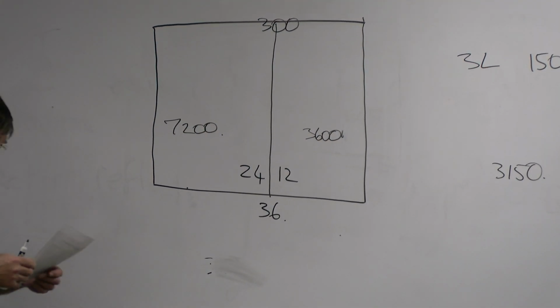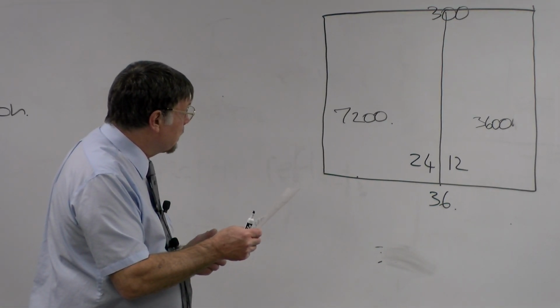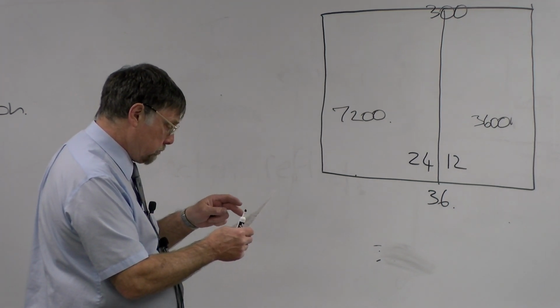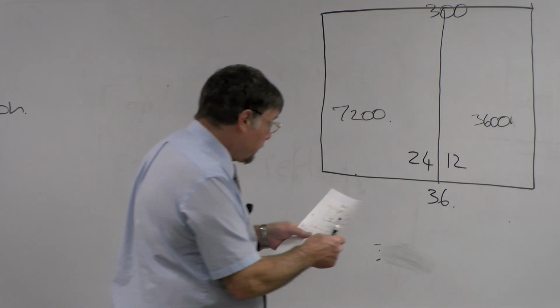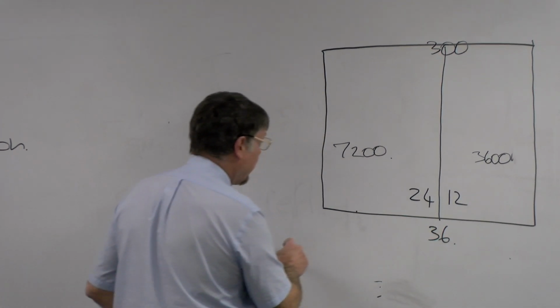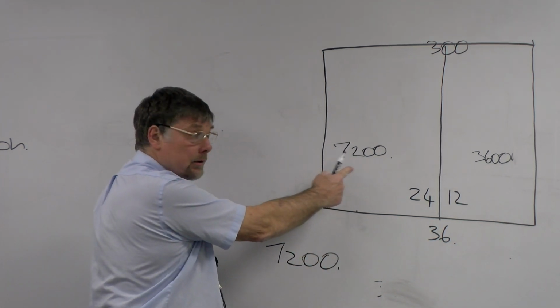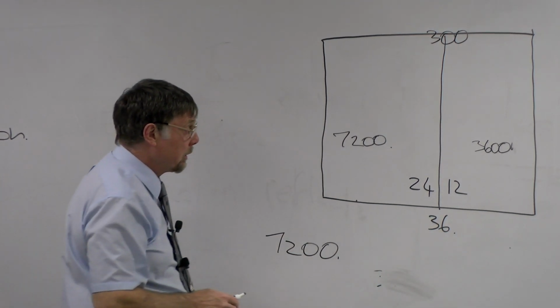The ICF osmoles stay at 7,200, because nothing changes, right? This was isosmotic. So it's still 7,200.